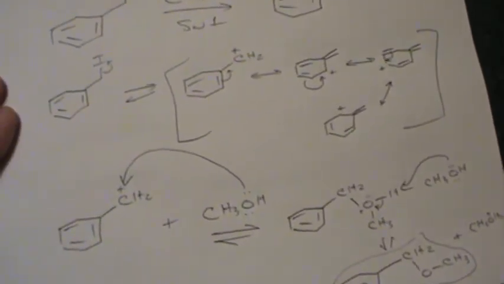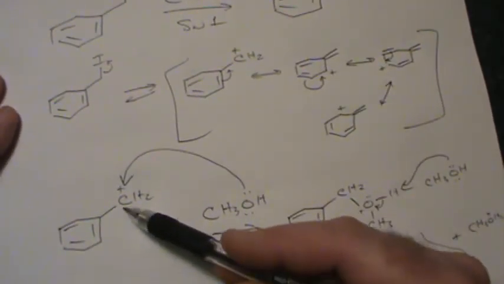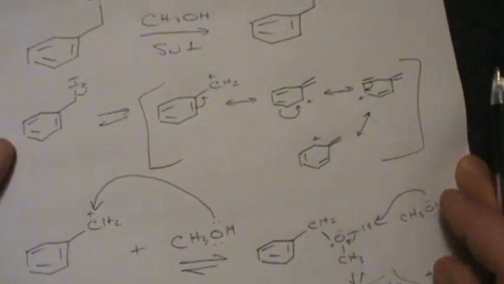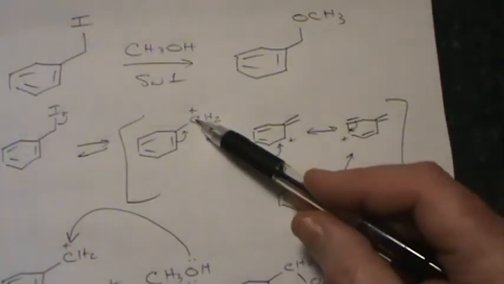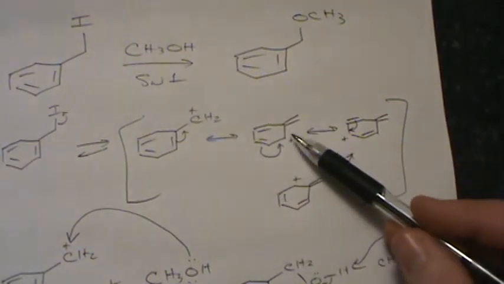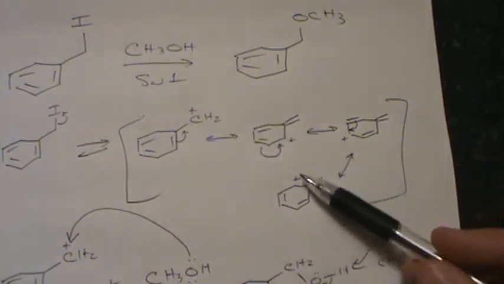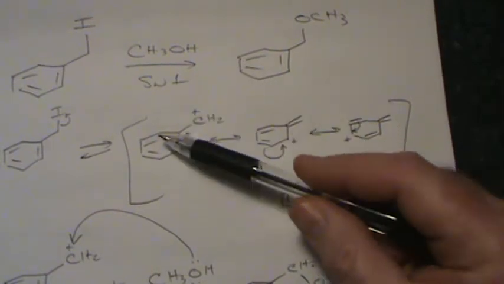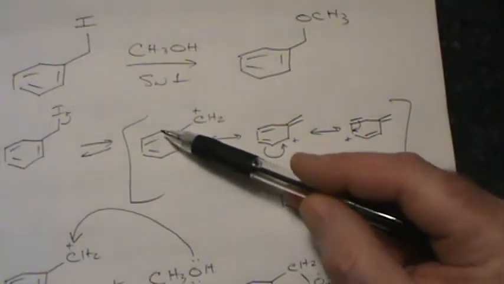Coming back here, notice that I chose the resonance form which had the positive charge at the benzylic carbon. There were multiple resonance forms here, and only one had the positive charge at the benzylic carbon. We see the charge is also felt at these carbons inside the ring. Well, it turns out, again, you'll have to trust me on this because we haven't studied aromatics yet, but it's coming up very quickly. It turns out that there's something special about this benzene ring in which there are 3 pi bonds.